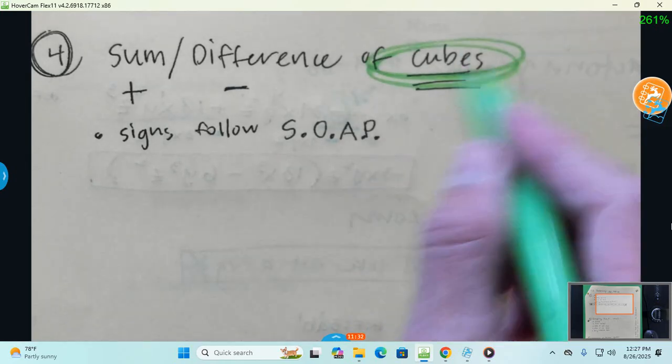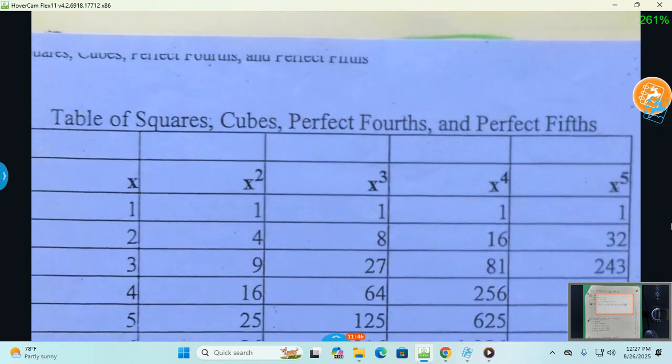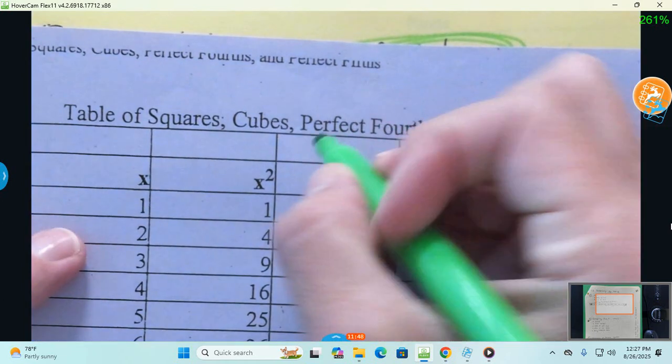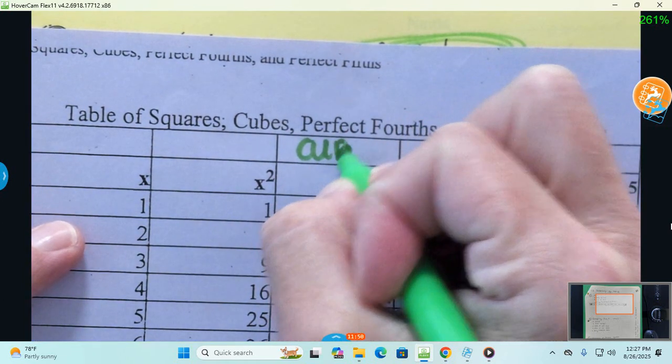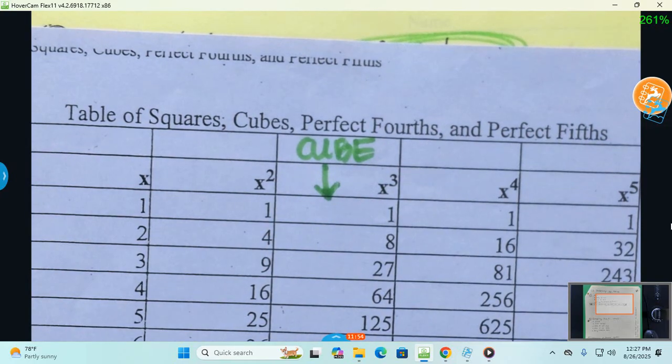So if you'll go back to that paper that I gave you, mine is purple. It's different colors, but it's cardstock. If it is in the cube column, then it's probably a perfect cube problem.